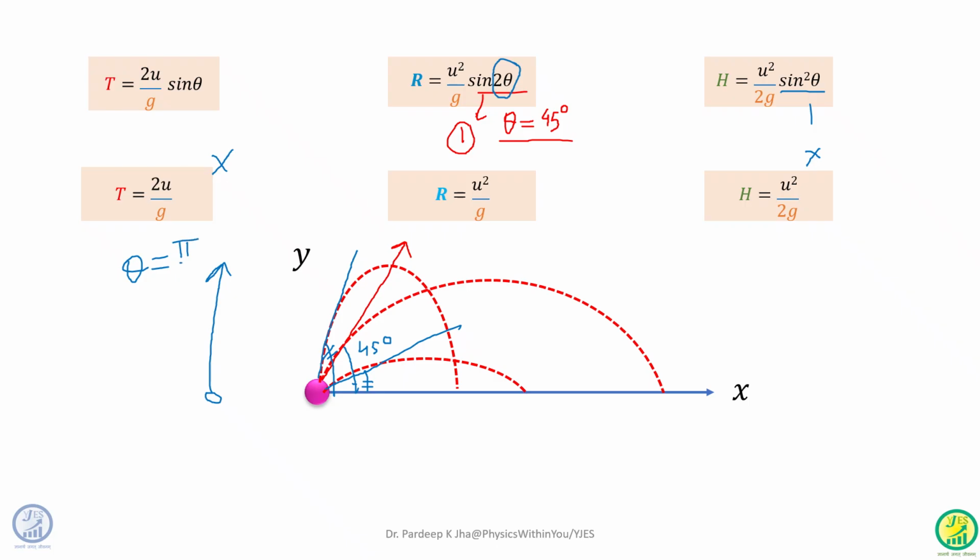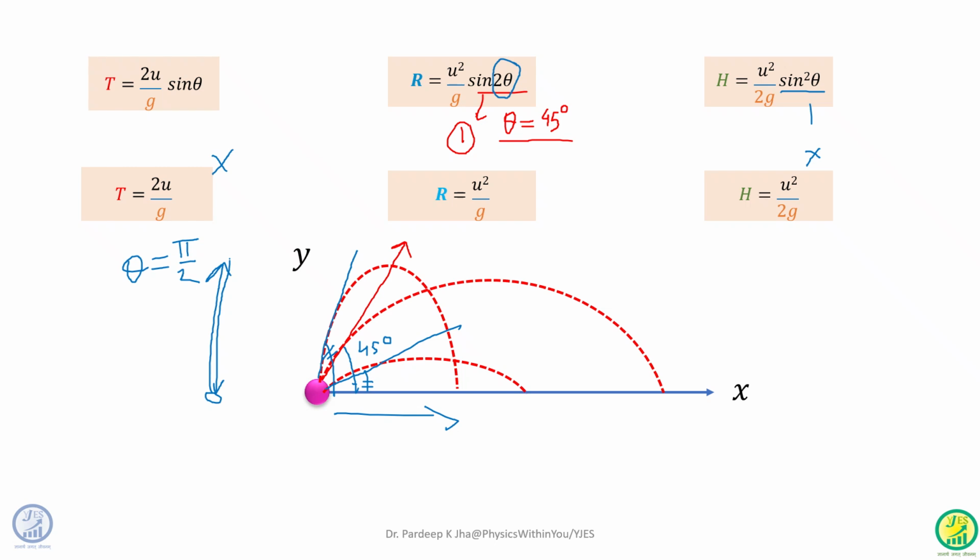If I say theta equal to 90 or pi by 2, that means I am throwing the ball up. So it is up and down motion. It's a vertical up and down motion. It is not projectile, because for the projectile a horizontal distance is necessary. Understand? And that's why these two cases are not meant for the projectile. These are the cases when they are in the vertical fall, or upward fall or downward fall.